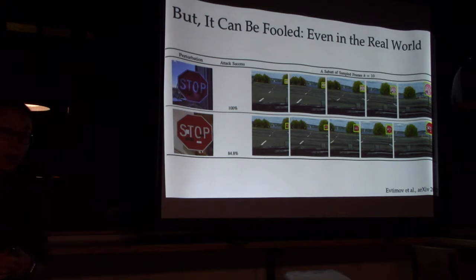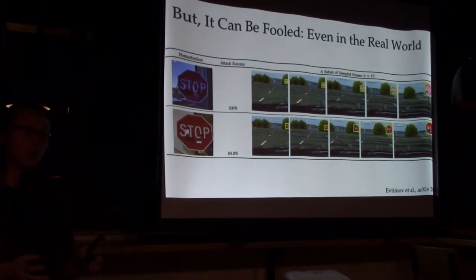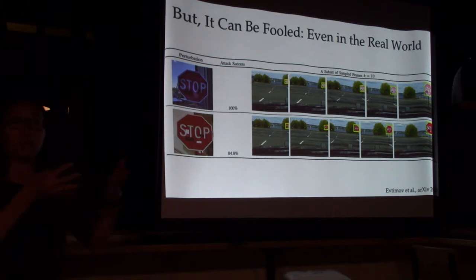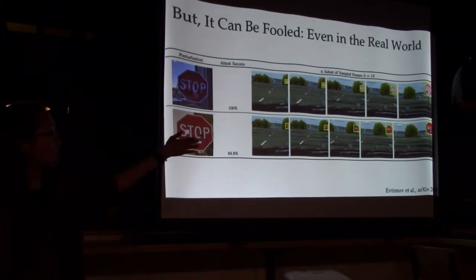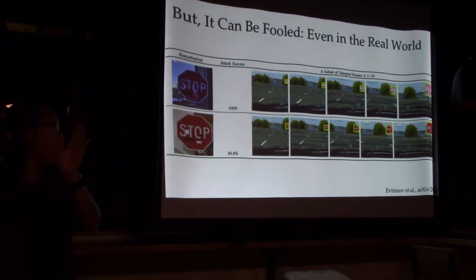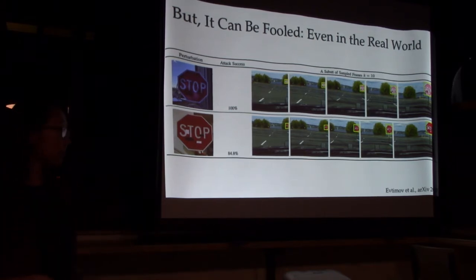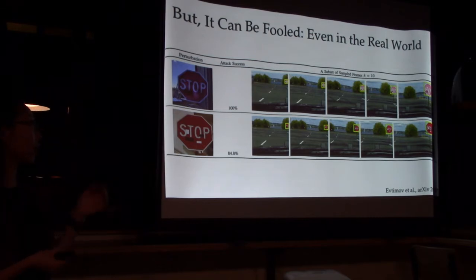There's been actually some more recent results that look at this in the real world. So if you can imagine a self-driving car, it's actually viewing the world from a lot of different angles as it's driving forward. So for example, if you're approaching the stop sign, you're seeing the stop sign from a continuous number of rotations, and possibly different lighting conditions as well.